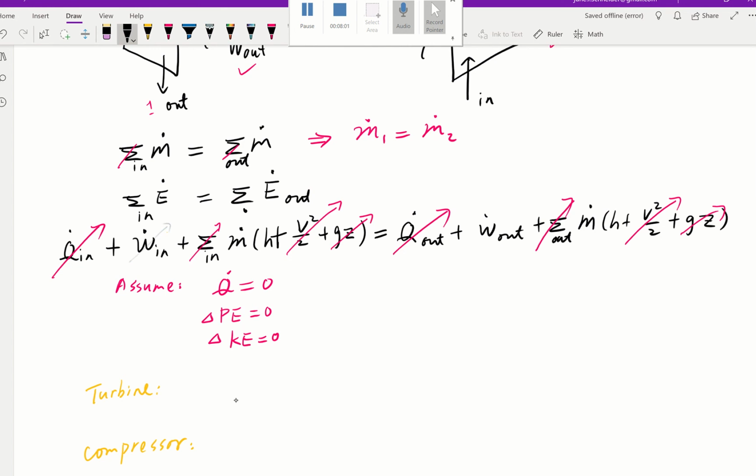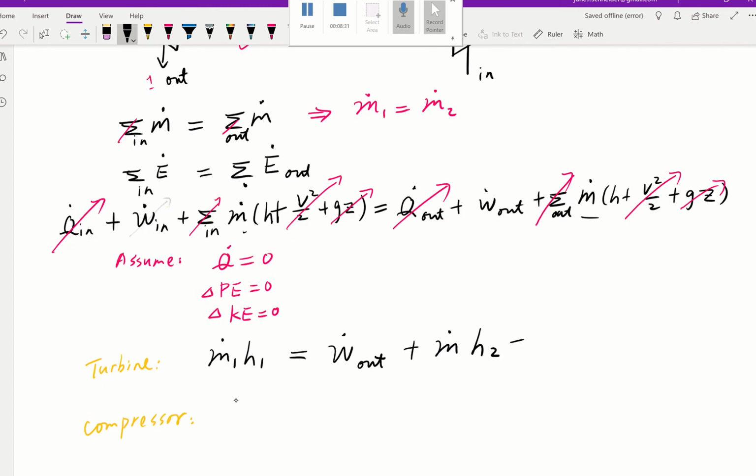On the left side of the equation, we'll have m dot 1 times H1. H1 means the inlet enthalpy. Equals, on the right-hand side, we'll have work out for the turbine, right? The turbine generates work. Then we also have this term, mass flow rate times H2. H2 means the outlet enthalpy.